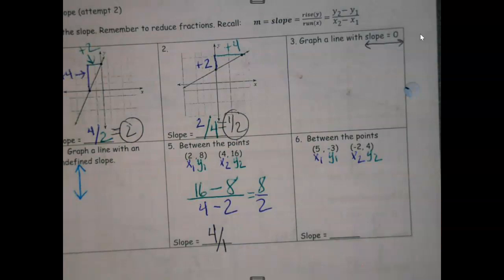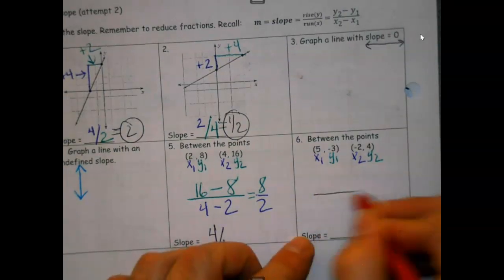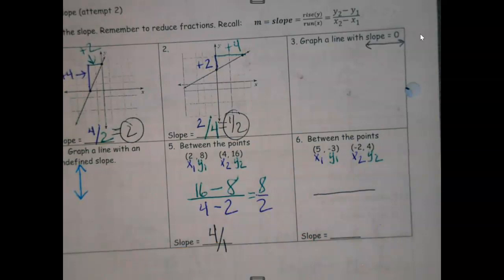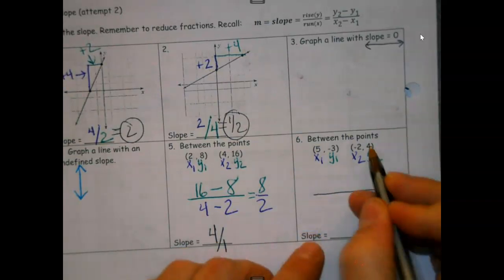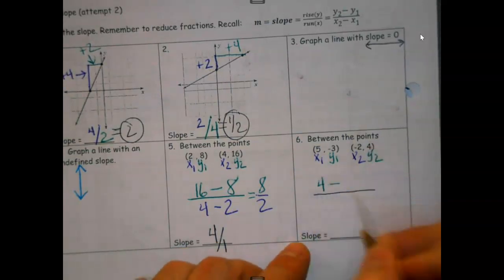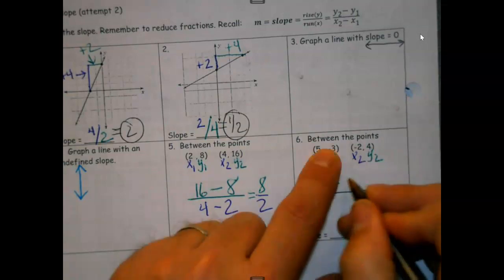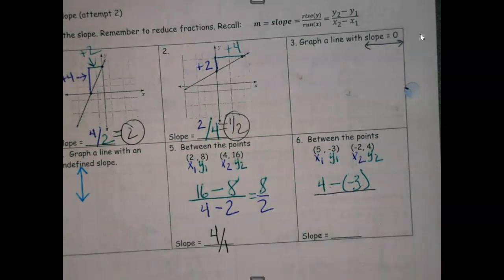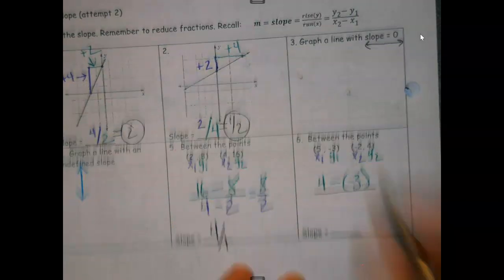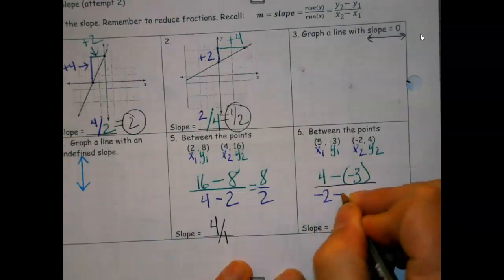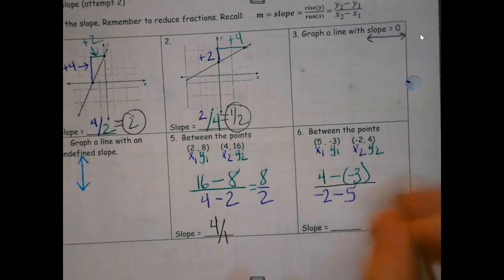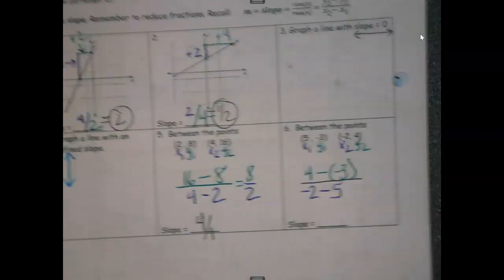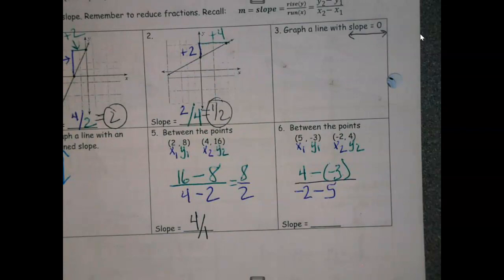If I just do the basics, which is really all I need on these, y2 minus y1, make sure that that negative gets there too. Your minus is not the same as that negative is. x2 minus x1. What happens when you minus a negative?